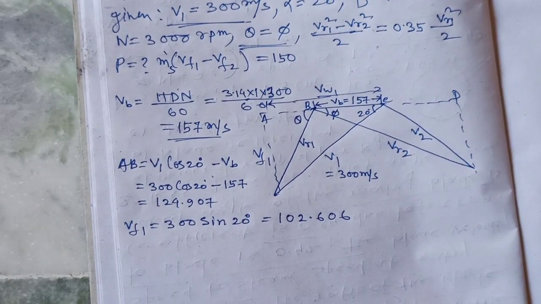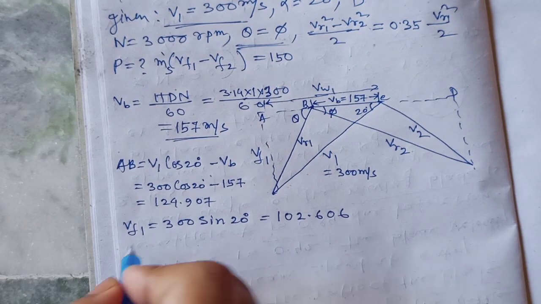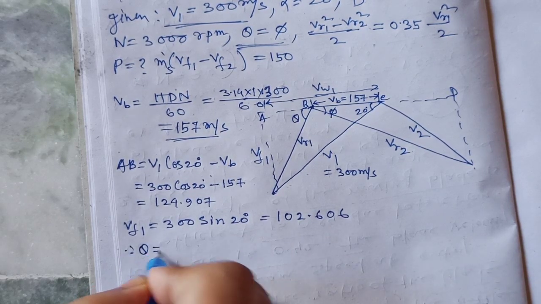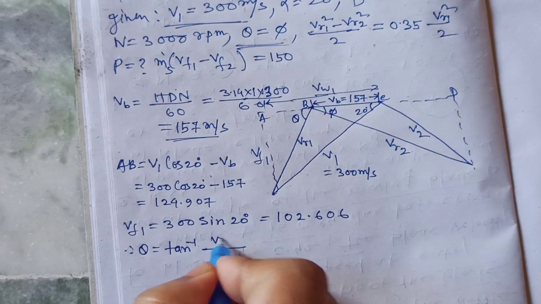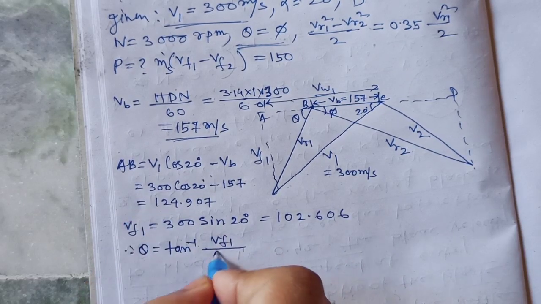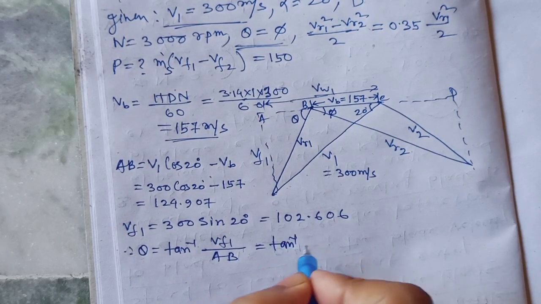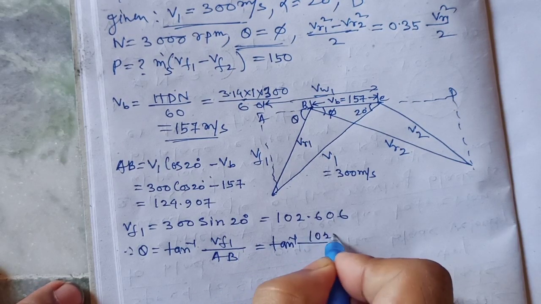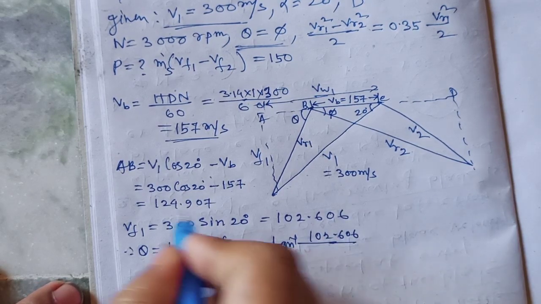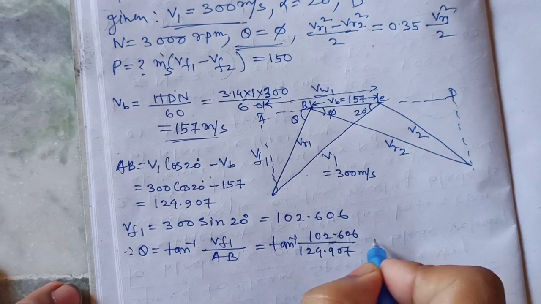Now, what is theta? Therefore, theta equals tan inverse VF1 by AB. So this is tan inverse 102.606 divided by 124.907.